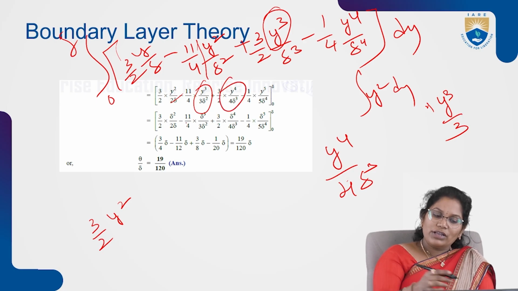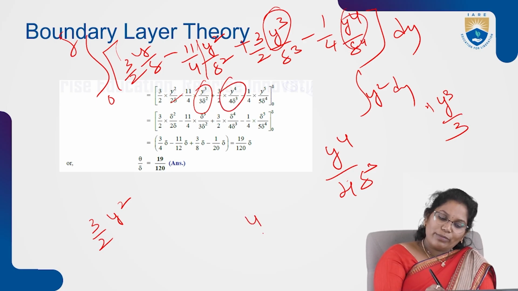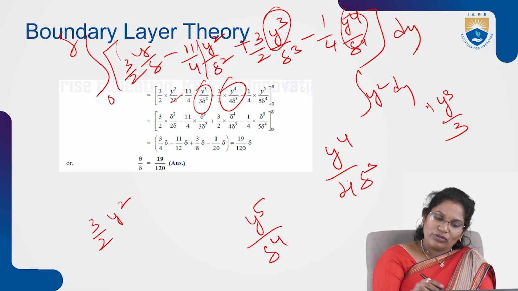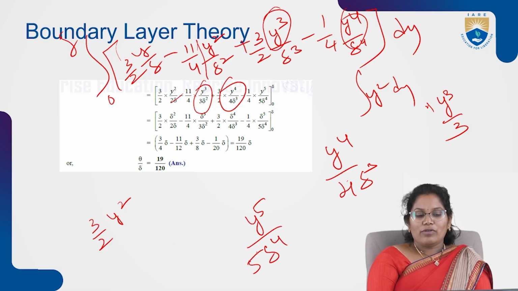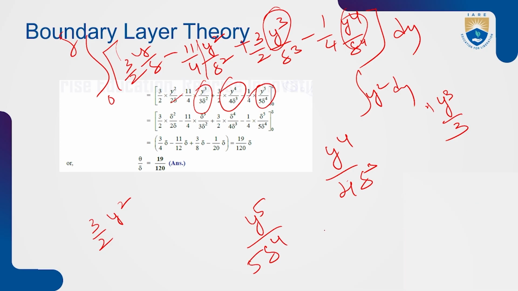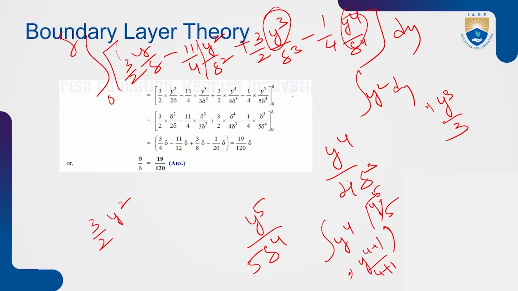Here also same, y to the power of 5 by delta to the power of 4 is already there, by 5. Integration of y to the power of 4 will become y to the power of 4 plus 1 by 4 plus 1, that is equal to y to the power of 5 by 5. Right? This is how you get these values.